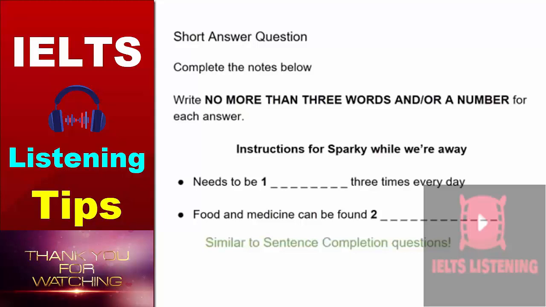So you're not finishing a complete sentence with your short answer. These are phrases. They can be short phrases or longer ones like you see here in questions 1 and 2. But anyway, they are not complete sentences. So really, that's one of the only things that differentiates this type of question from a sentence completion question.